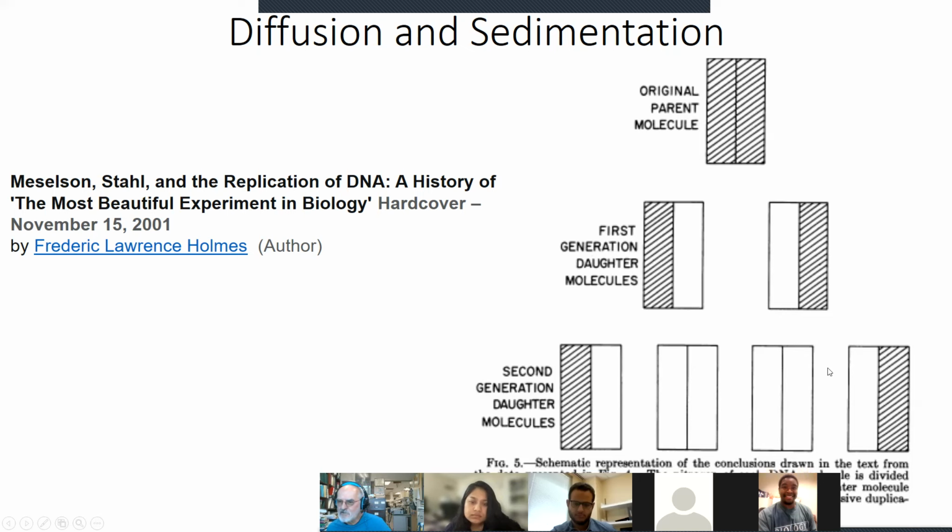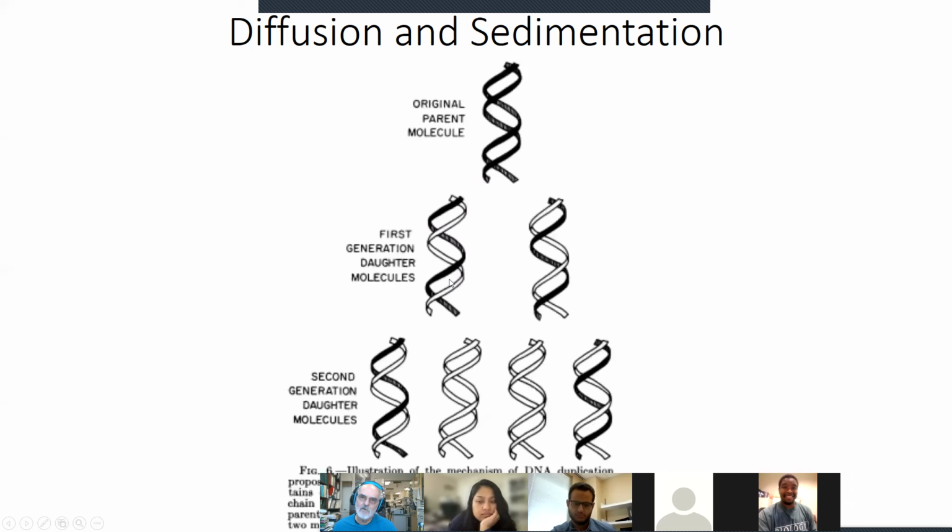And that's why this would grow in amount, because the third cycle and the fourth cycle would be all N14, and the original mixtures would still be there. And so you would always see them in the experiment.